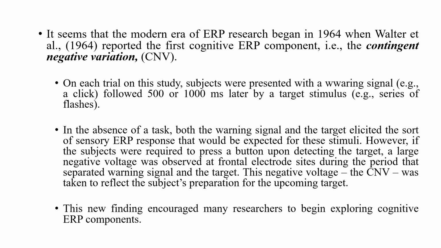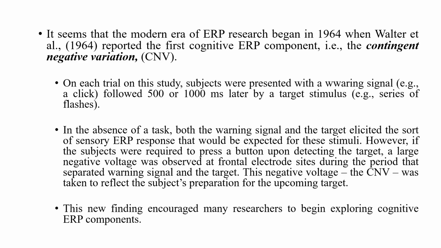In the absence of a task, both the warning signal and the target elicited the sort of sensory ERP response that would be expected for these stimuli. However, if the subjects were required to press a button on detecting the target, a large negative voltage was observed at the frontal electrode sites during the period that separated the warning signal and the target.